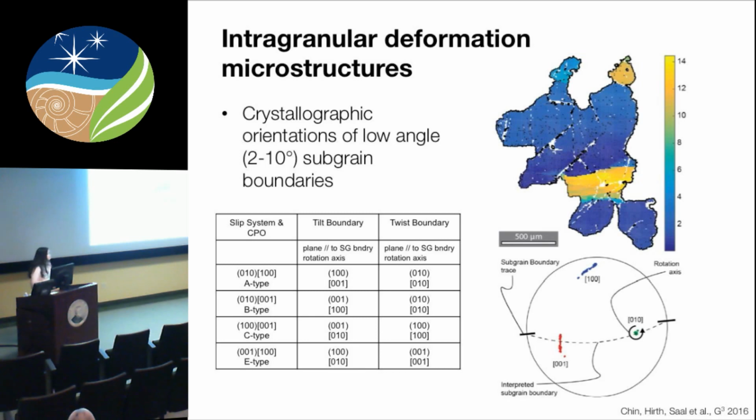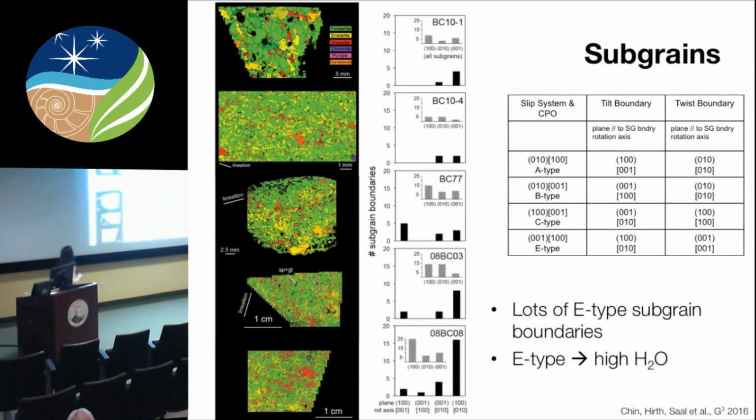And we did this analysis for many, many subgrains. So you can see, taking this whole map and finding all of the olivine grains that had these low-angle misorientations, we found that E-type subgrain boundaries, like the one I just showed you previously, were quite dominant.